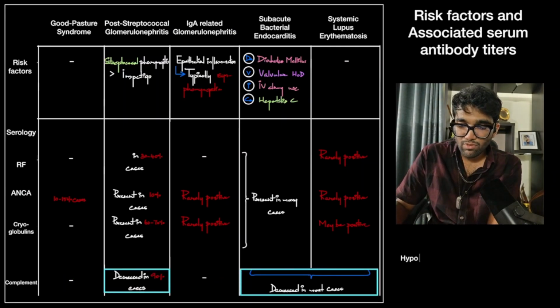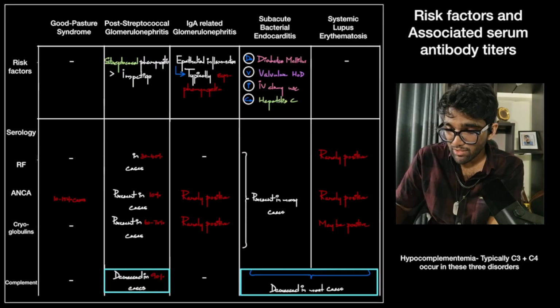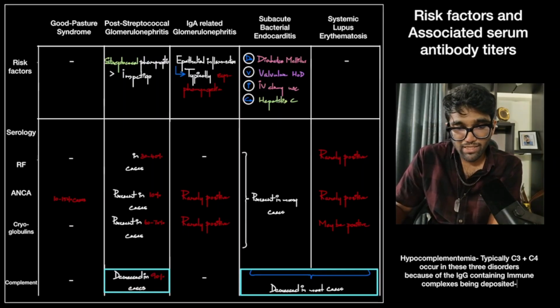When it comes to analysis of complement, hypocomplementemia, that is combined C3 and C4 complement reduction, occurs in all of these three disorders because in post-streptococcal glomerulonephritis, in subacute bacterial endocarditis, and in SLE, there is deposition of IgG immunoglobulin containing immune complexes within the subendothelium and the mesangium.